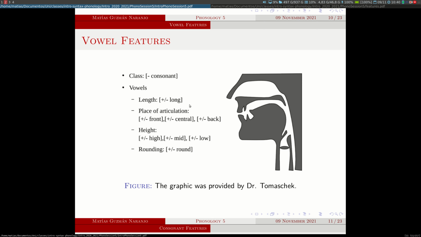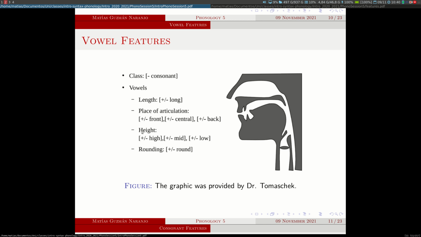These are things we had seen before. Vowels have length. You're aware that vowels in many languages contrast in length, so some vowels can be plus long or minus long. Sometimes there's another feature for some languages regarding length. They have a place of articulation, which is either front, central, or back, and this we saw regarding how vowels are articulated, whether they are in the front of the mouth, in the middle, or in the back.